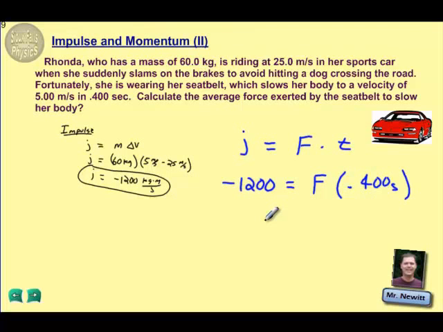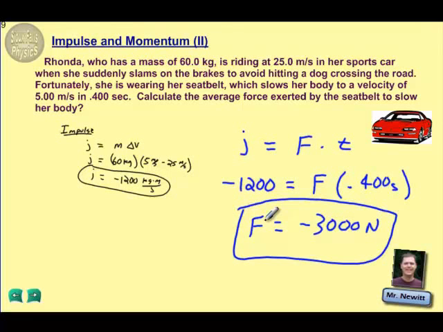Doing a little division, I get a force applied to her of negative 3,000 newtons. A negative force indicates that the force is being used to slow her down, or decelerate her, as the car slows down itself.